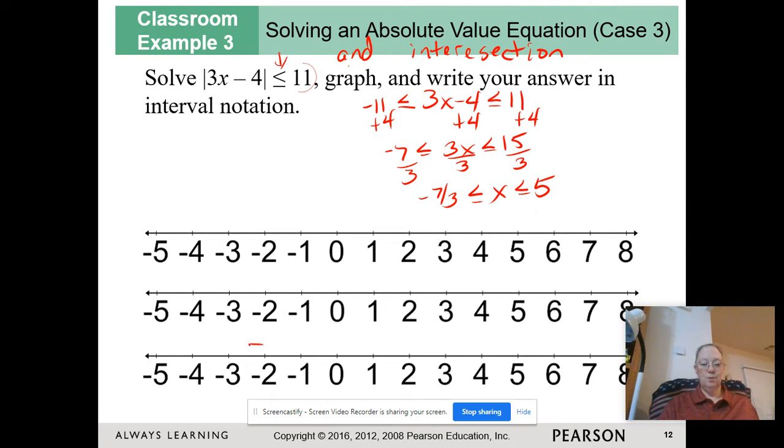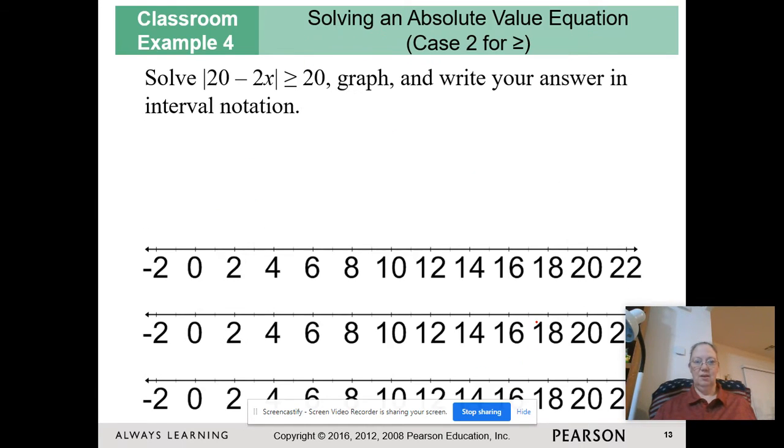So we don't technically need to do 3 number lines. We just know how to graph this with the shading in between these two numbers. And my interval notation is going to look like that. All right.